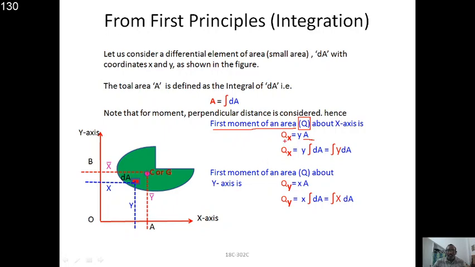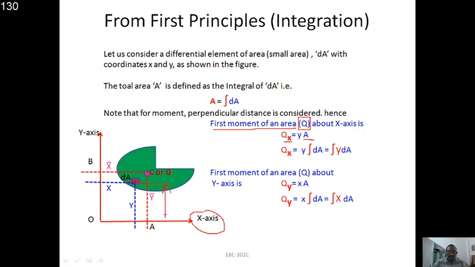If I am taking it with respect to the x-axis, as I told earlier, if I am referencing the x-axis, you get the y value. So if I take the moment with respect to the x-axis, my area has to be multiplied with this distance.